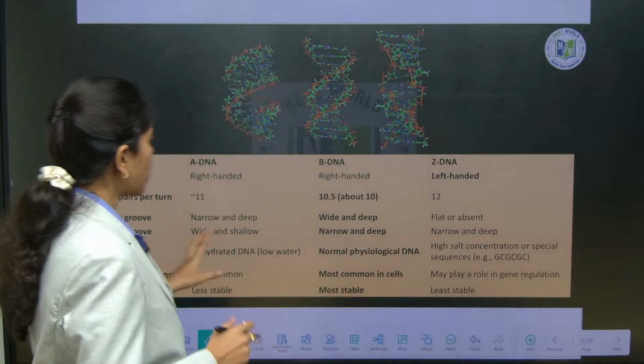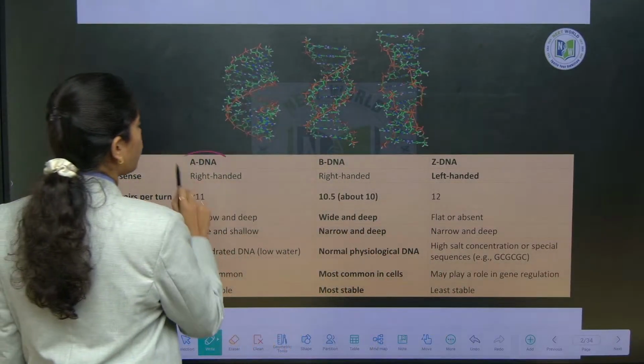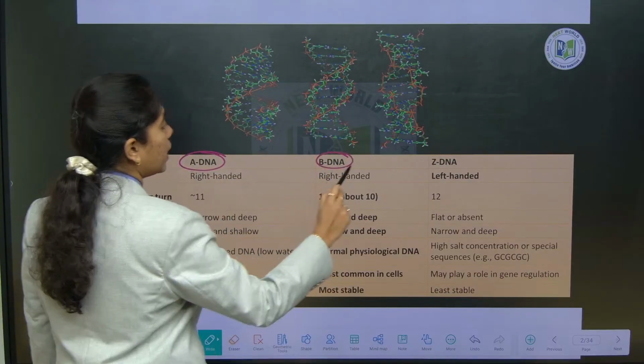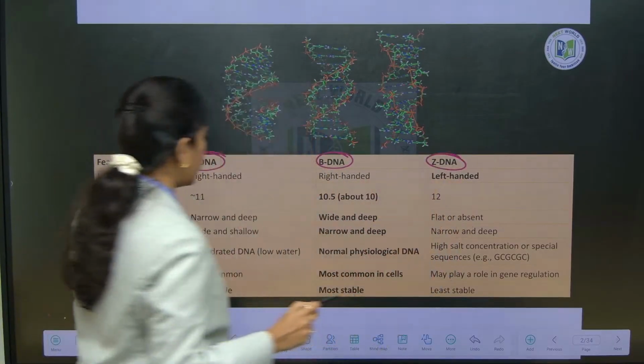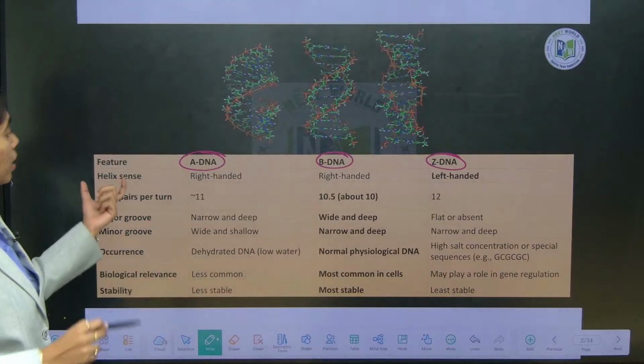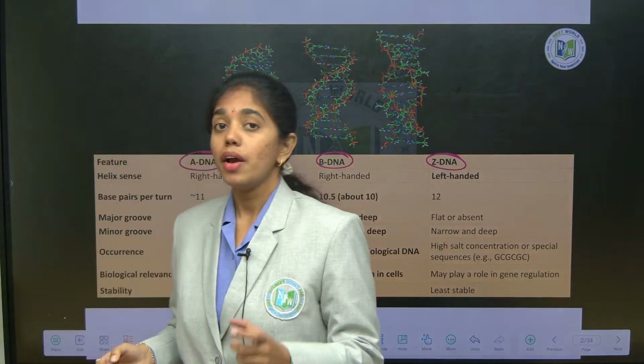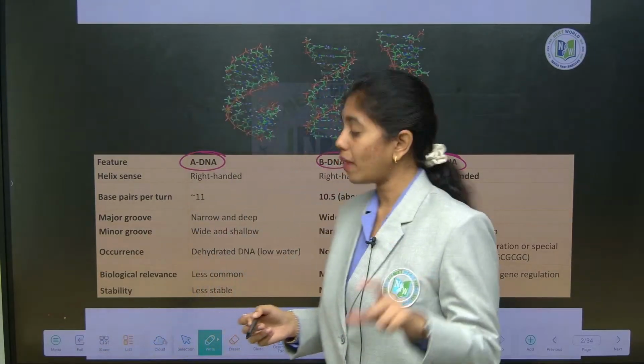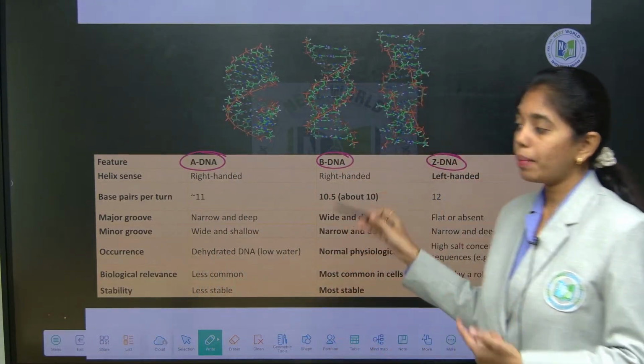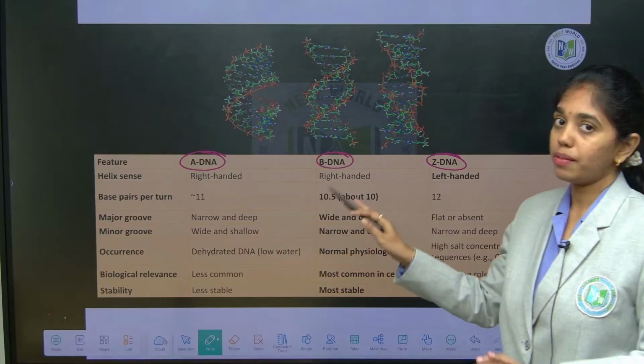Now you see, we have three forms of DNA, that is A-DNA, B-DNA and Z-DNA. This is based on the helix sense, whether it is right handed or left handed, based on the major groove and minor groove distance, and based on the occurrence of the types of DNAs.